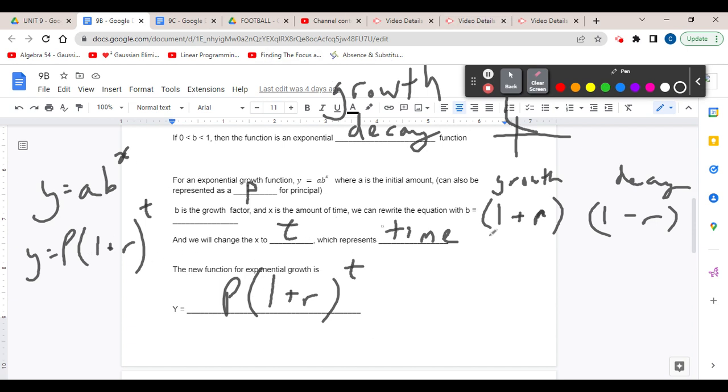Same function, just changing the variables around a little bit to make it more palatable to what we're going to be looking at here.